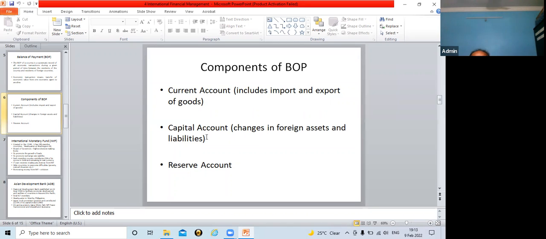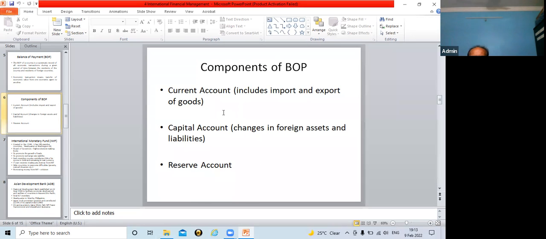And what is capital account? Now let me first complete this current account. Import and export of goods. Suppose India exports jute to other countries, so that is an example of goods.